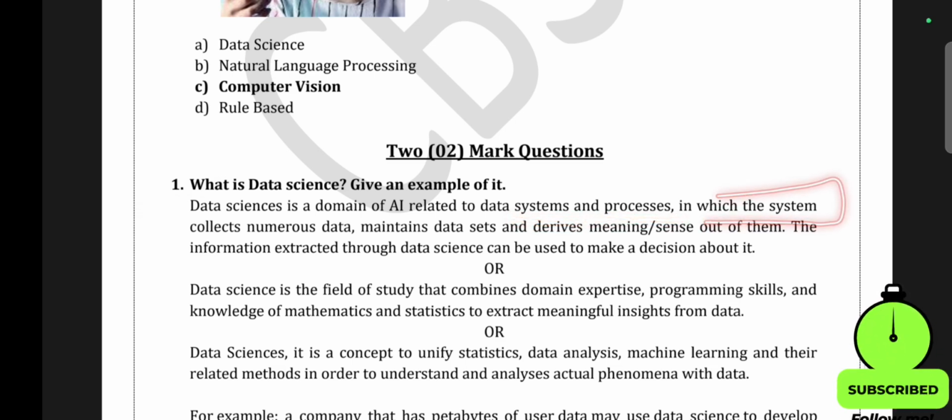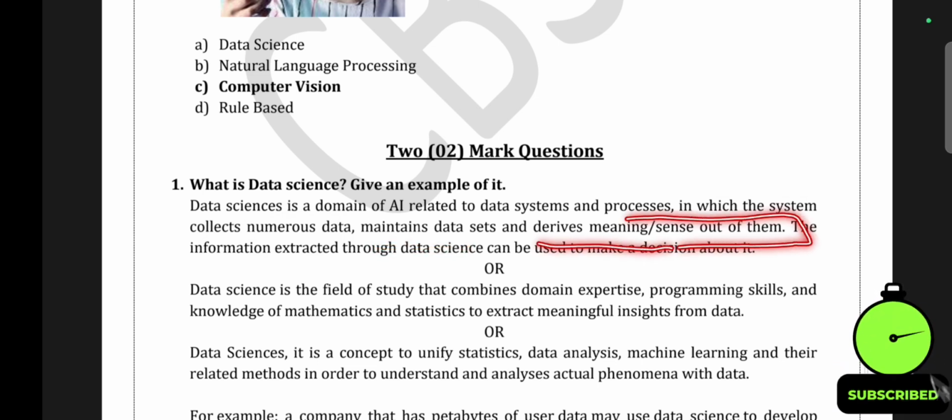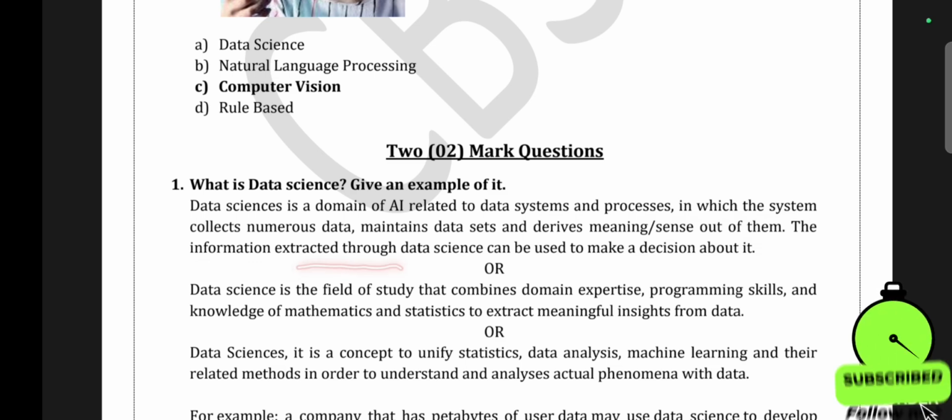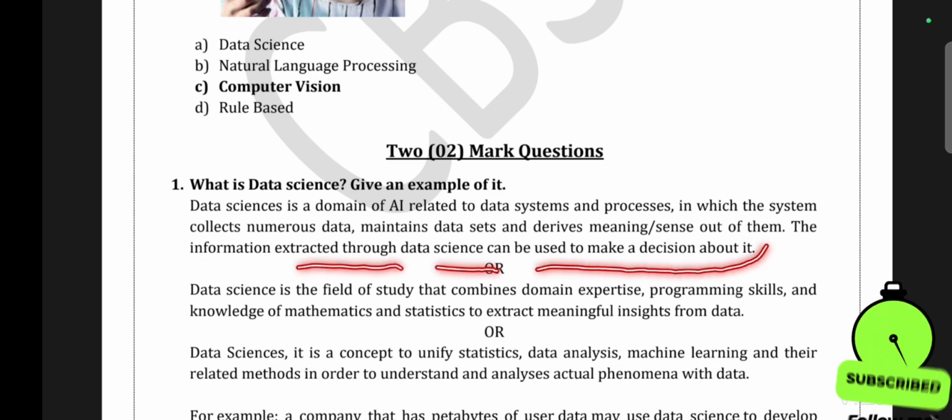Data science is a domain of AI related to data systems and processes, in which the system collects numerous data, maintains data sets, and derives meaning and sense from them. The information extracted through data science can be used to make decisions about it.